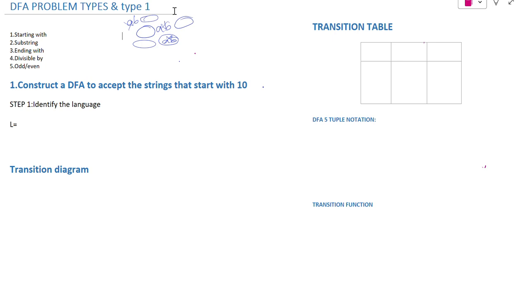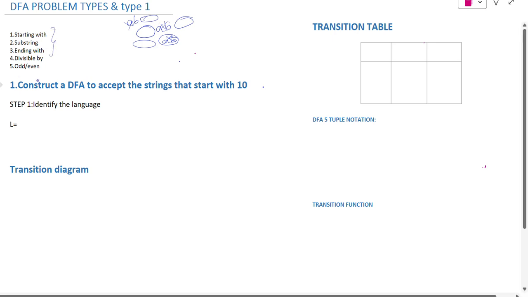Moving on to type 1: construct a DFA to accept the strings that start with 10. For the first three categories, the first step is to identify the language. Here it is starting with 10.